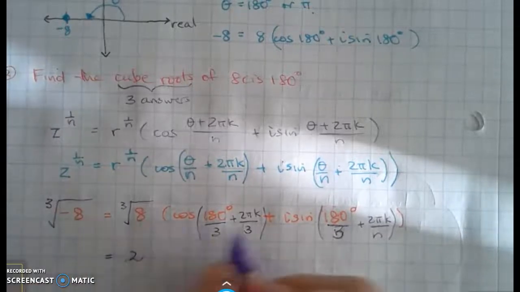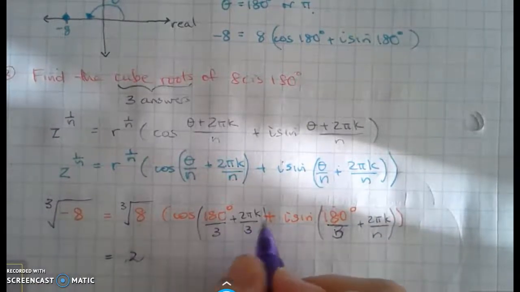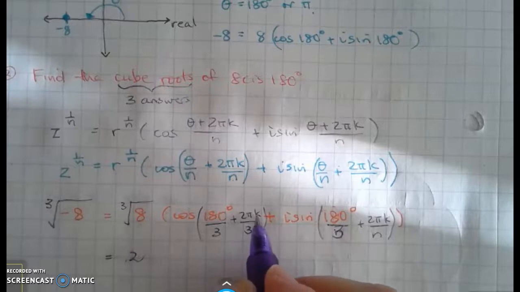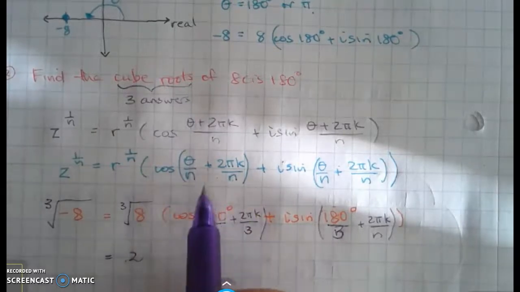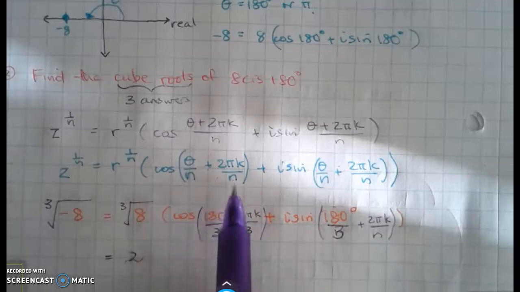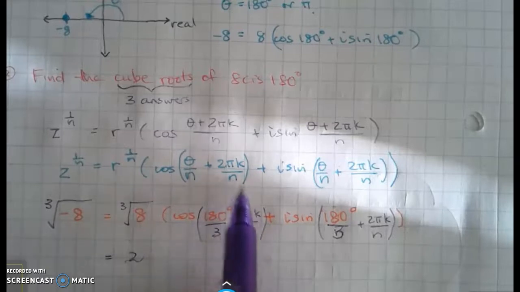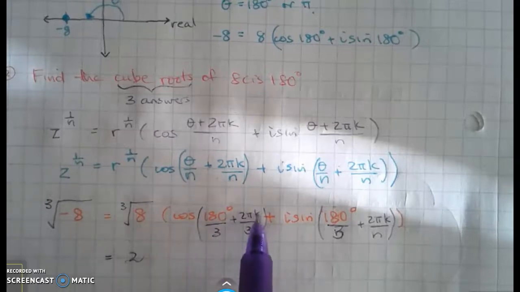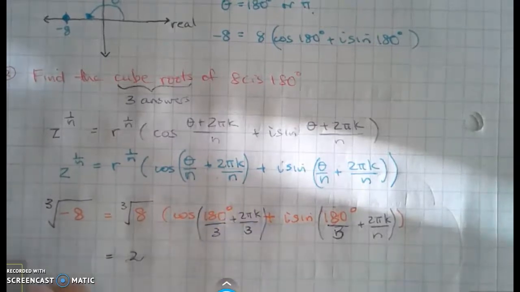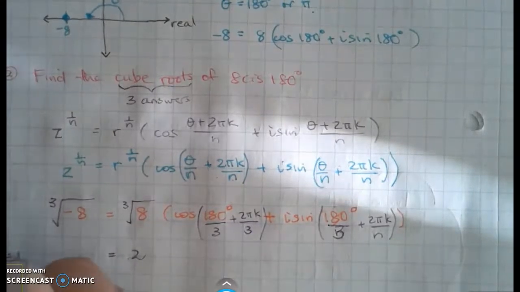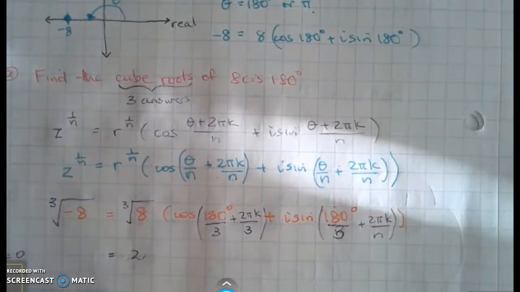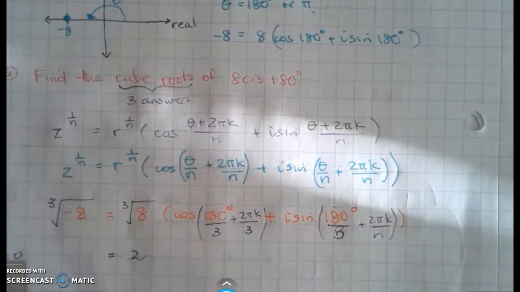And now I am going to start using my index. k is going to take the values 0, 1, all the way to n minus 1. n is 3, so k is going to have the value of 0, the value of 1, and the value of 2.